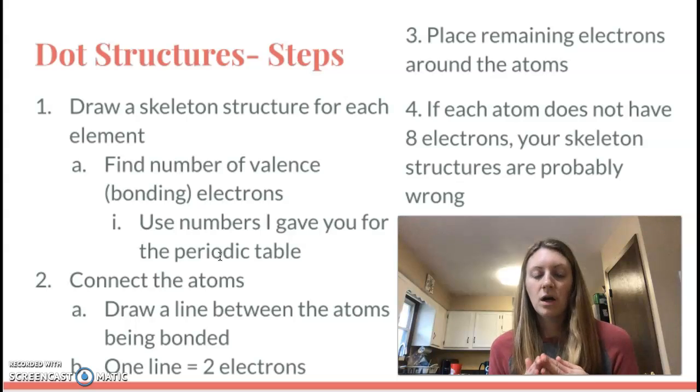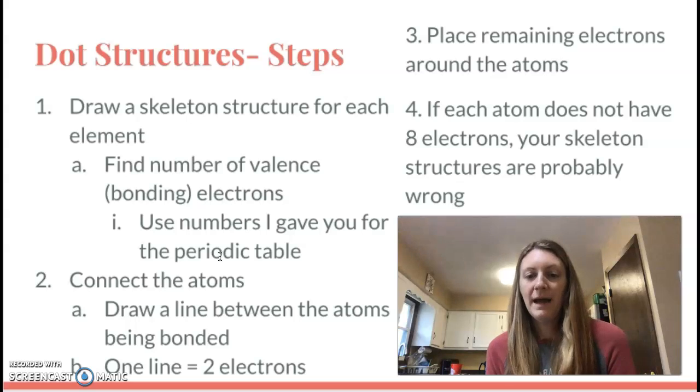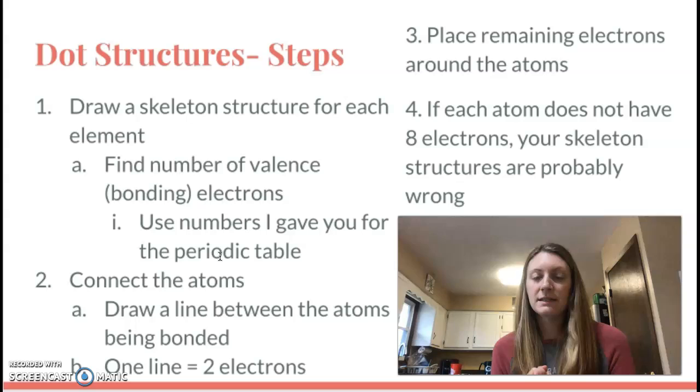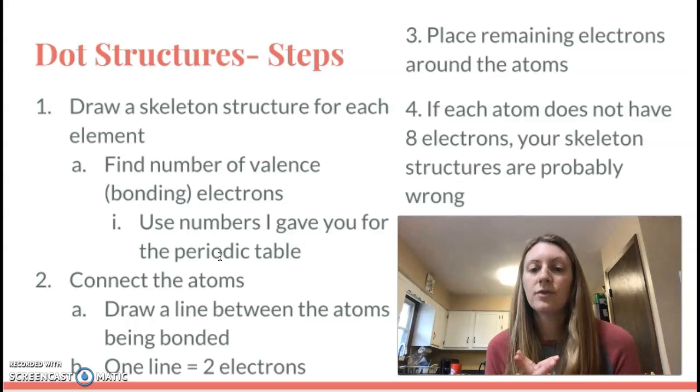You're going to draw a line between the 2 atoms or 3 atoms, depending on how many there are. One line equals 2 electrons. Then place the remaining electrons around all of the atoms and count them up so that you can tell if each atom has 8 electrons or not. If they do not have 8 electrons, we probably did something wrong, and maybe we need to do a double bond instead of a single bond, so it'd be 2 lines instead of 1.